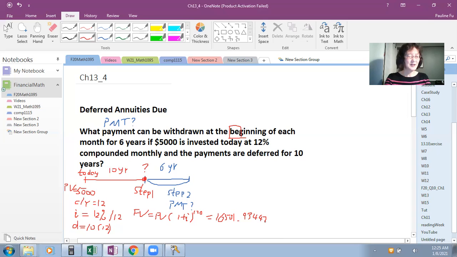Okay. And once we get future value, step 2 asks to figure out PMT. And then we use PMT function. Okay. Formula. So PMT equal to present value PV. So this number is the present value for annuity. Okay.